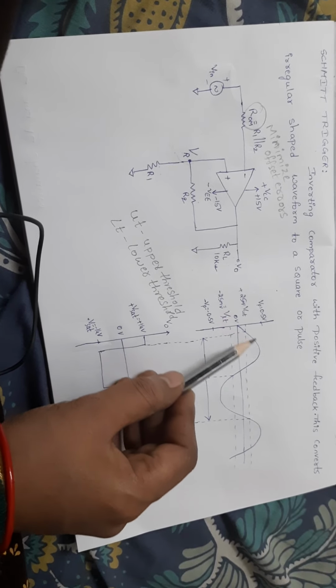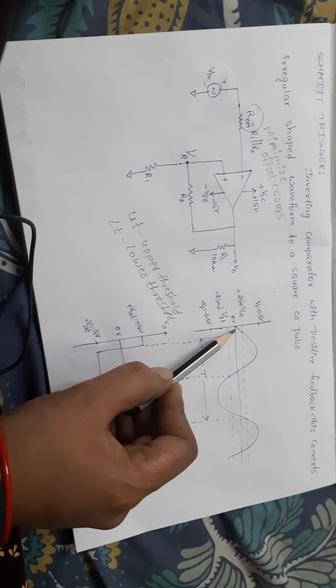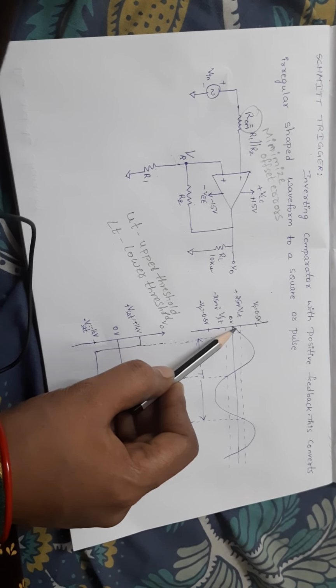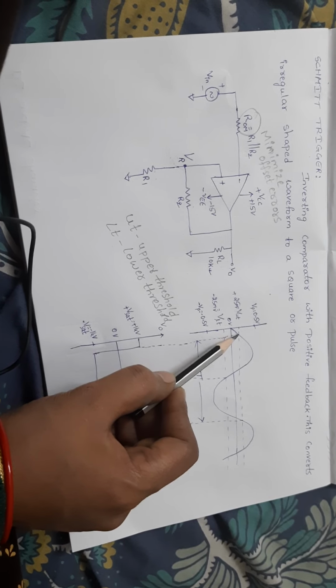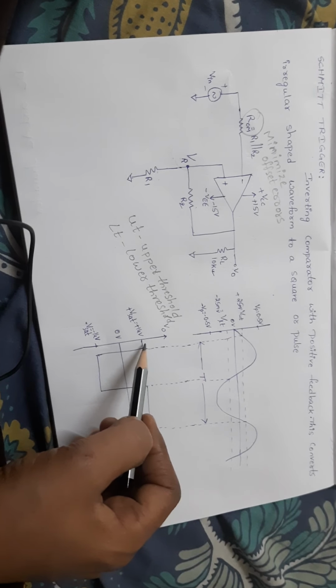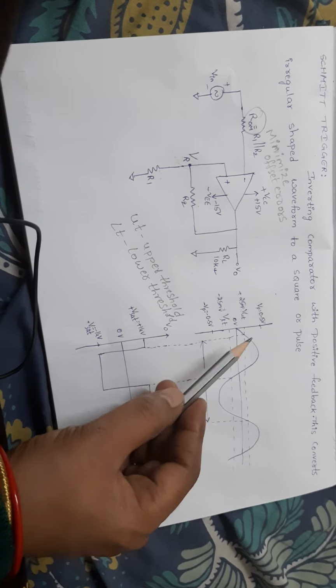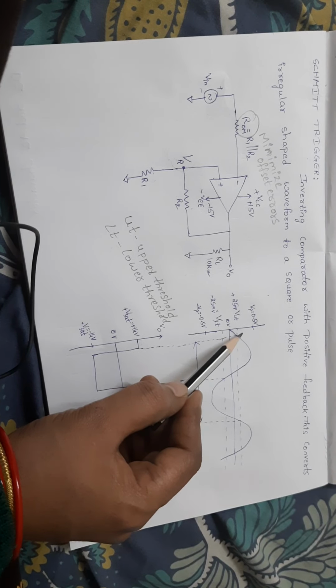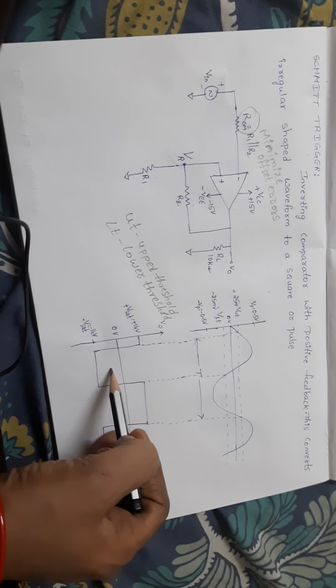See, observe these waveforms. Whenever VIN, the input, is slowly increasing, if VIN is less than this threshold voltage, then the output is at plus Vsat. Whenever the input crosses this upper threshold, then the output changes to minus Vsat.